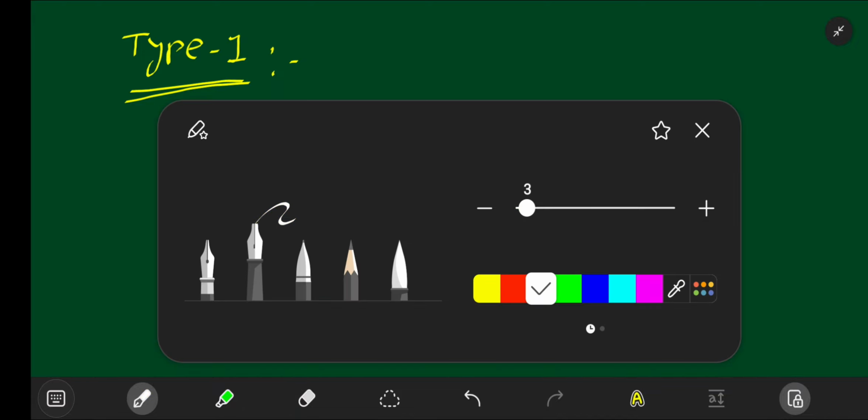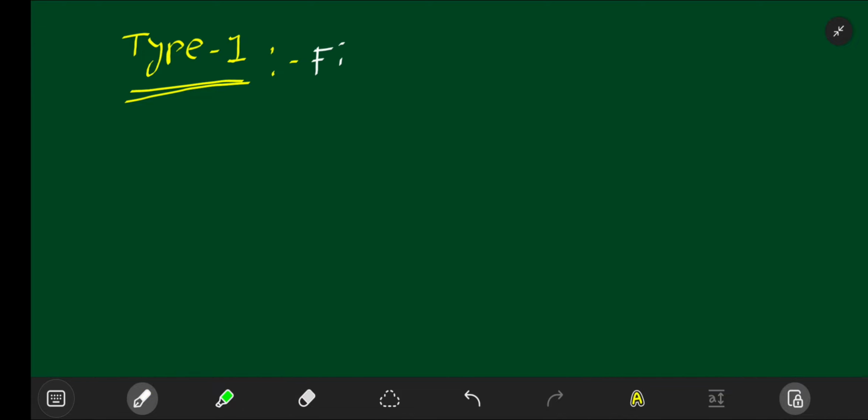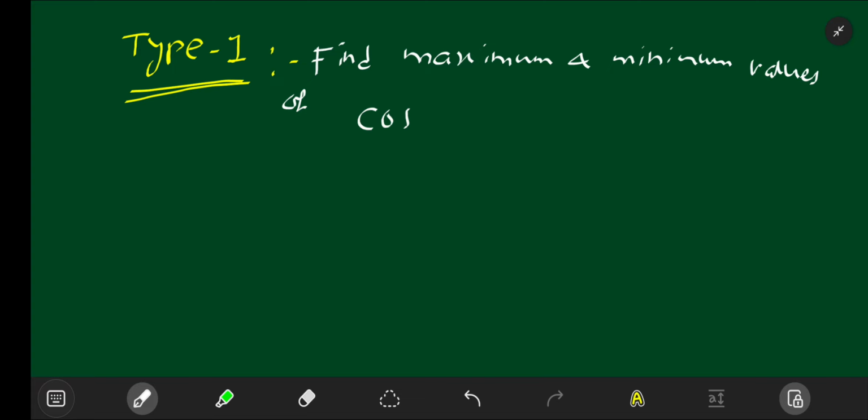The question is like this: find the maximum and minimum value of cos square theta plus 2 cos theta.